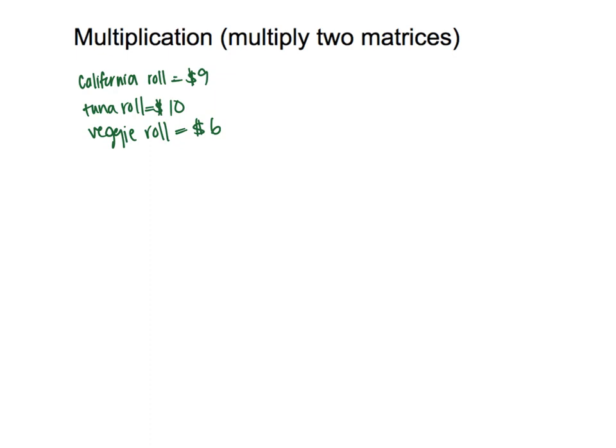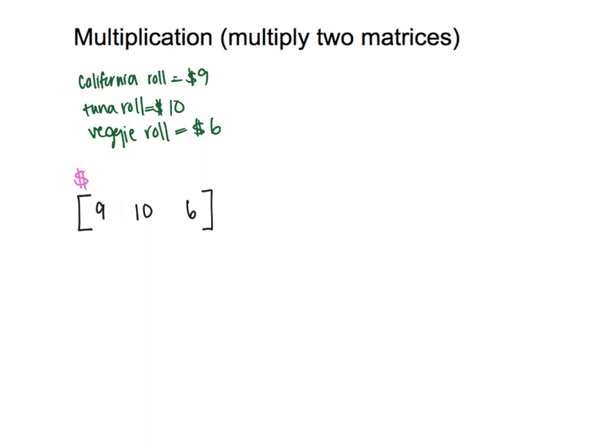So here's what I'm going to do. I'm going to set up a matrix that's going to represent my prices. So my California roll is $9, my tuna roll is $10, and my veggie roll is $6. So these represent my prices.